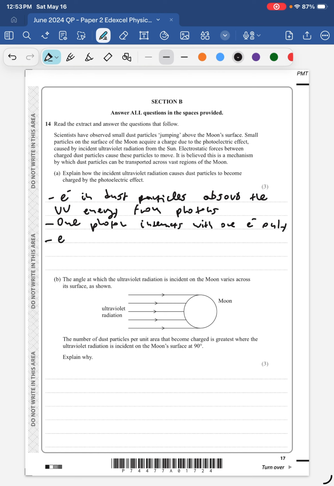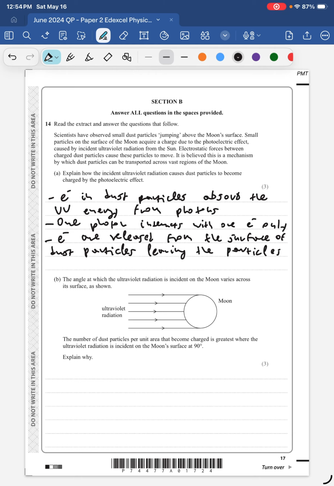So electrons are released from the surface of dust particles, leaving the particles positively charged. So that's the answer.